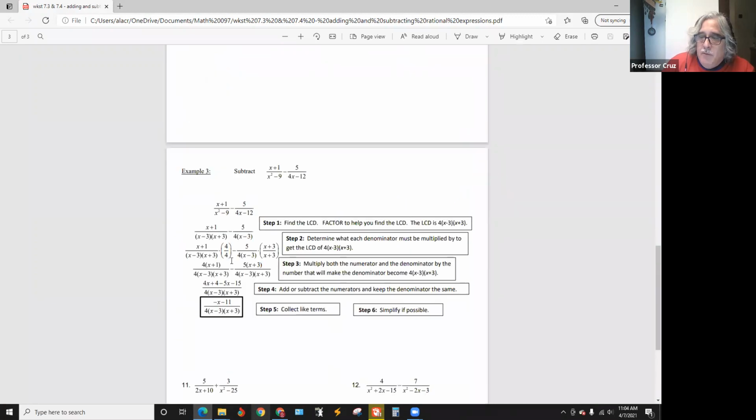Once you determine what the LCD is, the only thing that really needs to be multiplied out of necessity is the numerator, because the denominator is automatically going to be down there once you've determined the LCD.